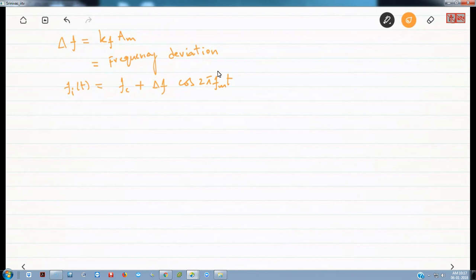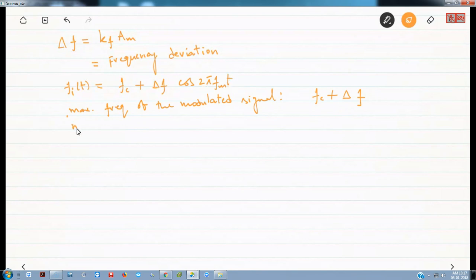As cos 2 pi f_m t can take values between -1 and +1, your maximum frequency of the modulated signal is f_c plus delta f, right? Because when cos 2 pi f_m t equals 1.